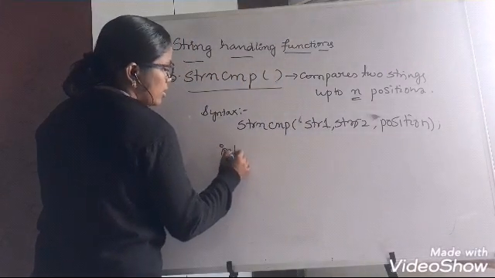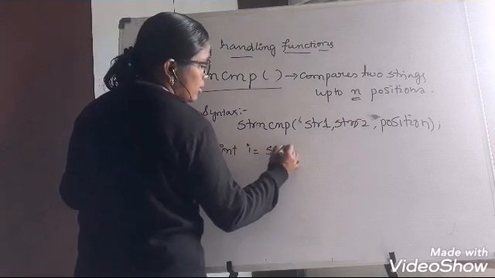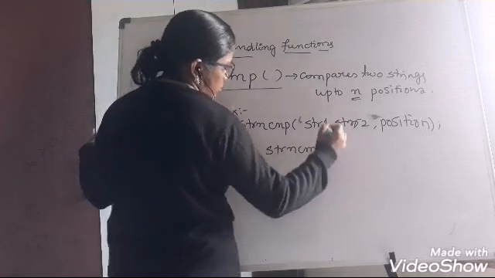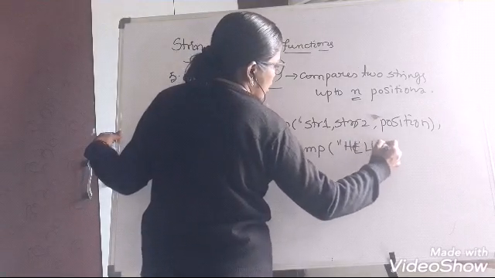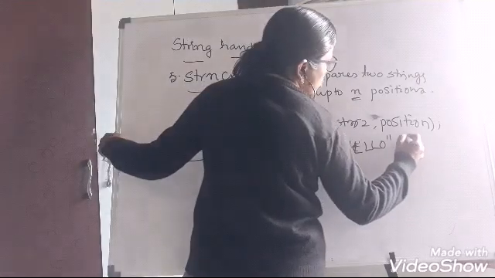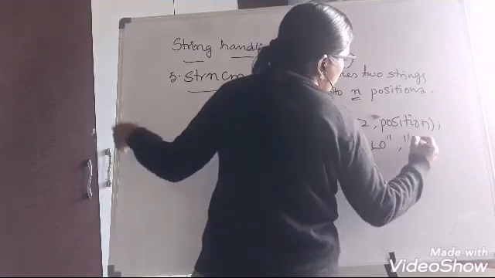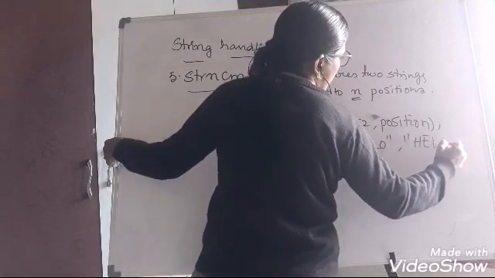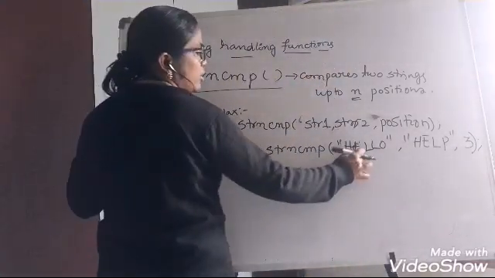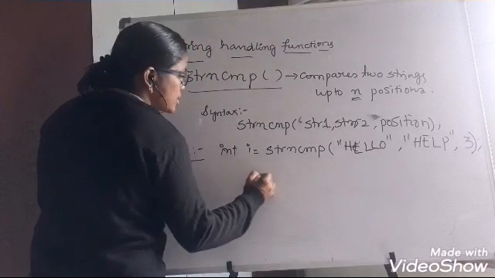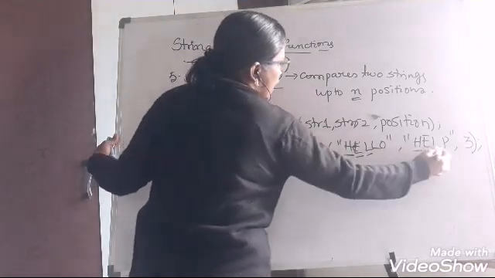So, integer I equals string n compare, first string, suppose I have taken hello. Next string I am taking HELP, and the position is 3. So 1, 2, 3. It returns 0 because H equal, E equal, L equal.